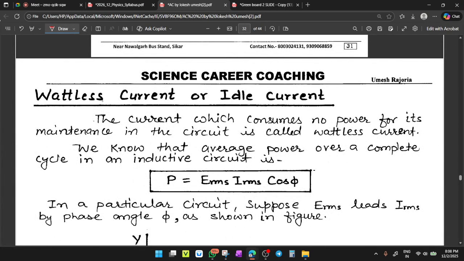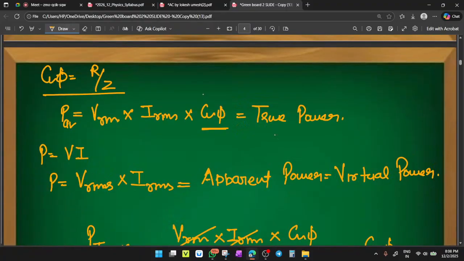Now next concept is wattless current or idle current. The concept is like this. See, this is the phasor of voltage, and this is your net current.